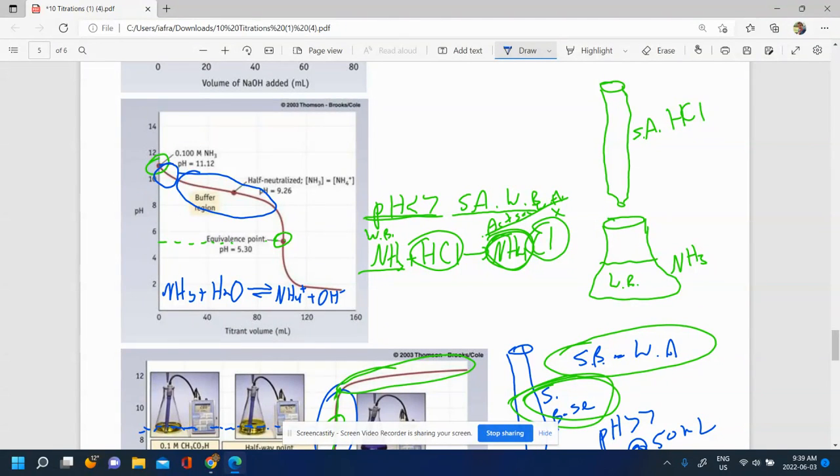And so what happens is as you add the acid from the burette into the flask, this little equilibrium system over here is going to absorb the acid and prevent change in pH.